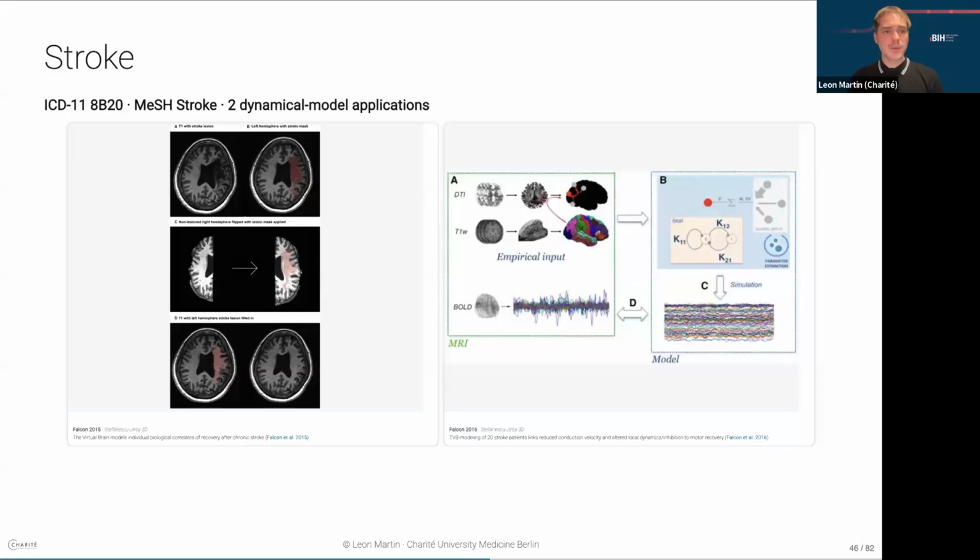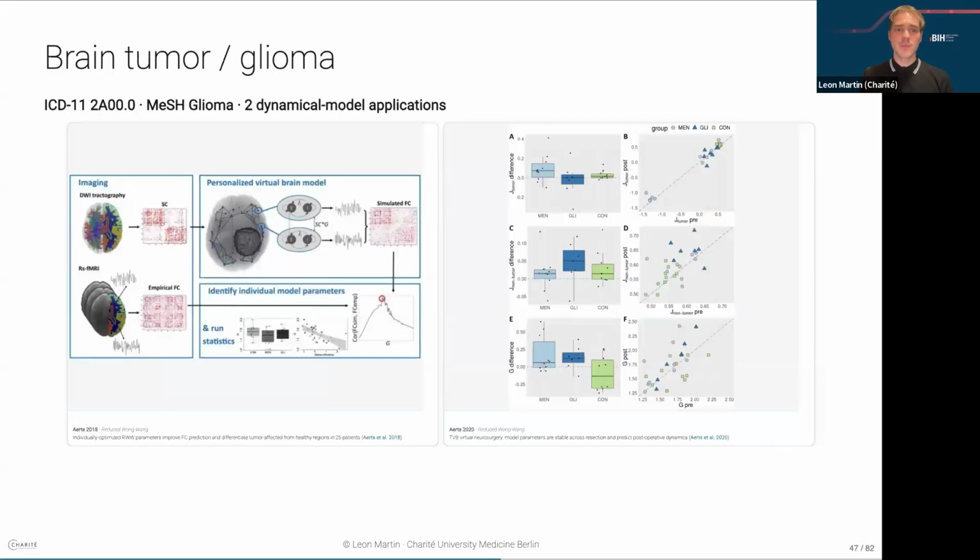Same with stroke and also brain tumor. So this is a lesion-based approach where we disrupt different areas of the network and see how the dynamics change with non-functioning areas or non-functioning connections in a network.